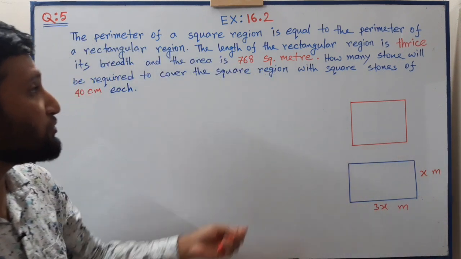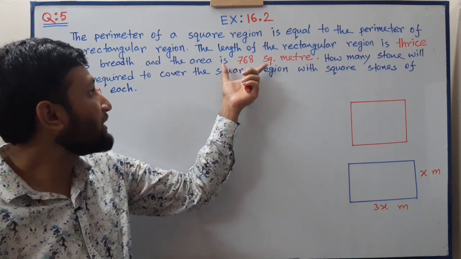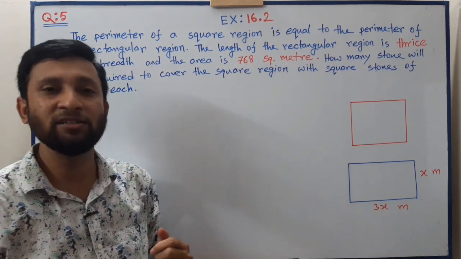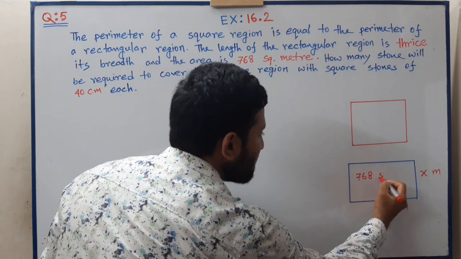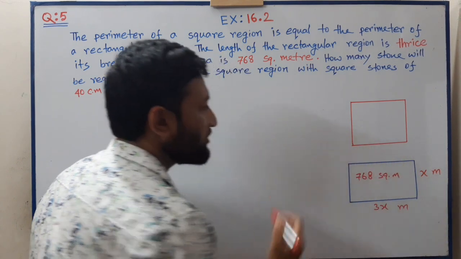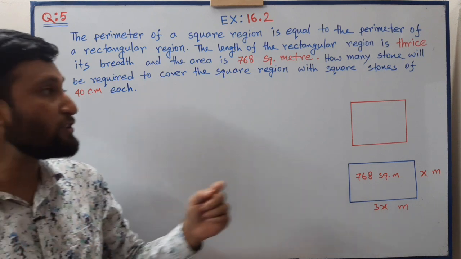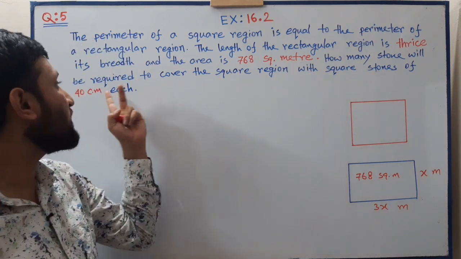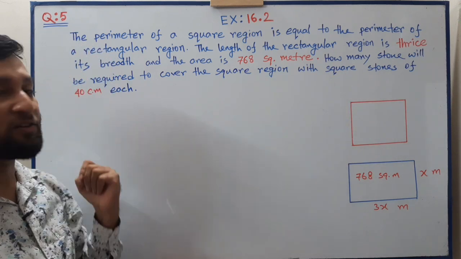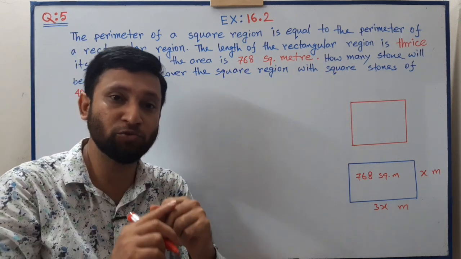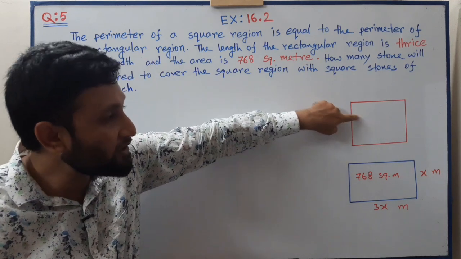According to the question, its area is 768 square meter, also given here. But we have to identify how many stones will be required to cover the square region with square stones of 40 centimeter each. That means we have to identify the number of stones to cover the square region.